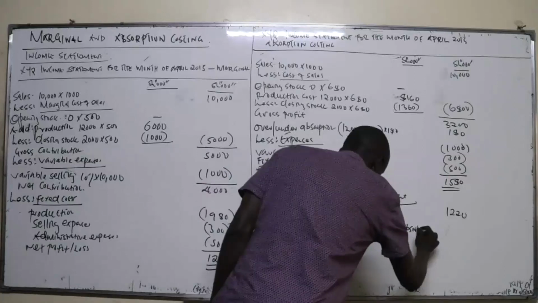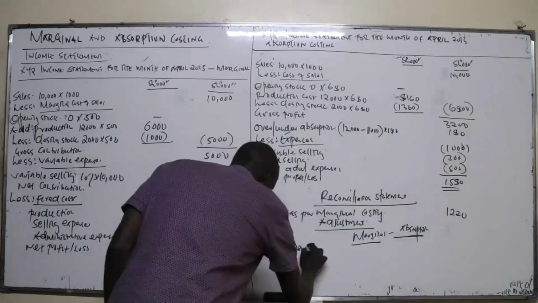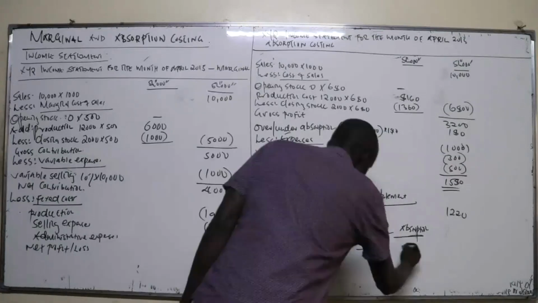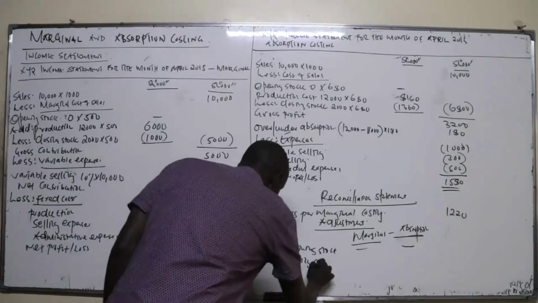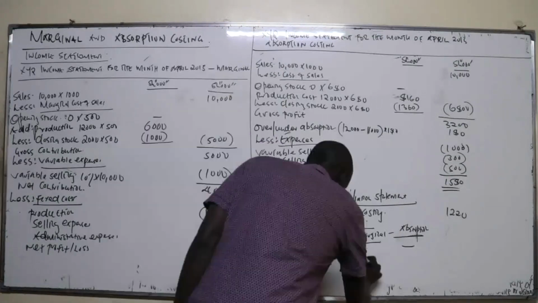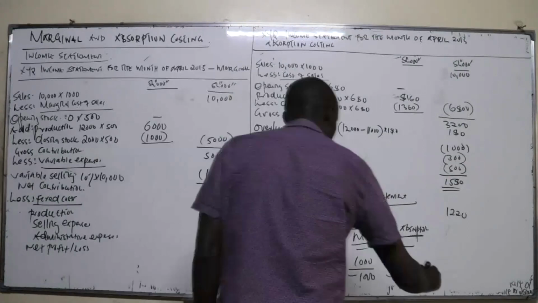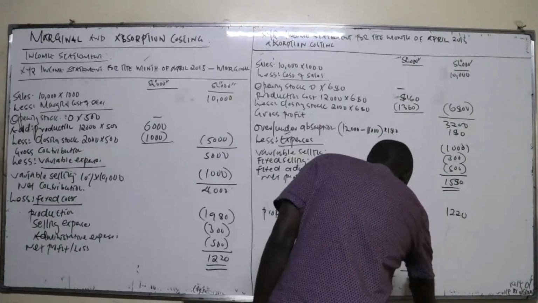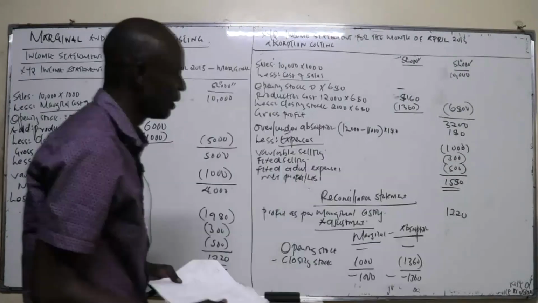So we have the opening stock. Opening stock under marginal, it was dash. Then you less closing stock here. The closing stock under marginal was 1,000. And under absorption, the closing stock was how much? 1360. So it is opening stock minus closing stock.